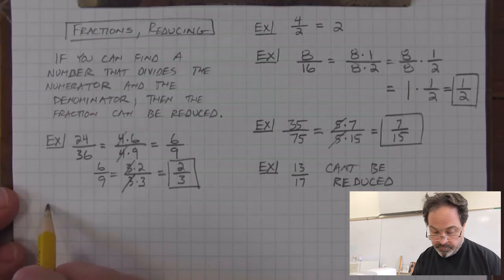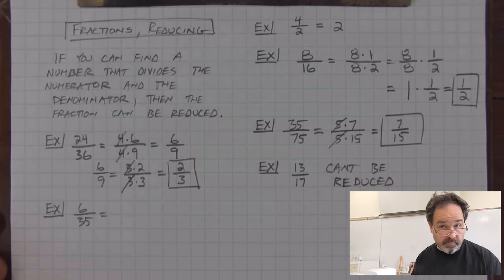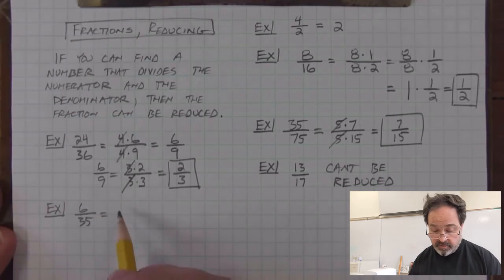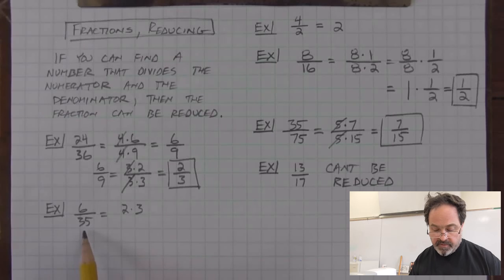One more example. 6 divided by 35. I'm looking for a number that divides 6 and 35. I know that 2 and 3 divide 6. I can show 6 as 2 times 3. I know that 7 and 5 divide 35.